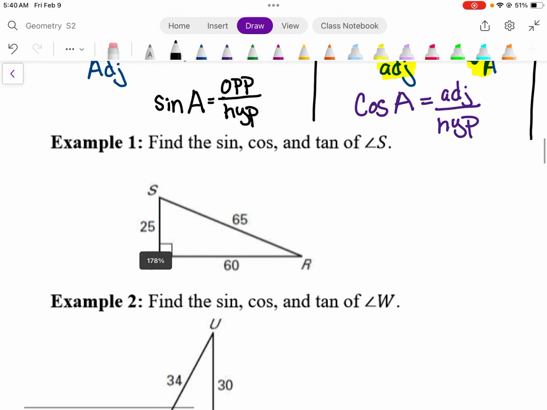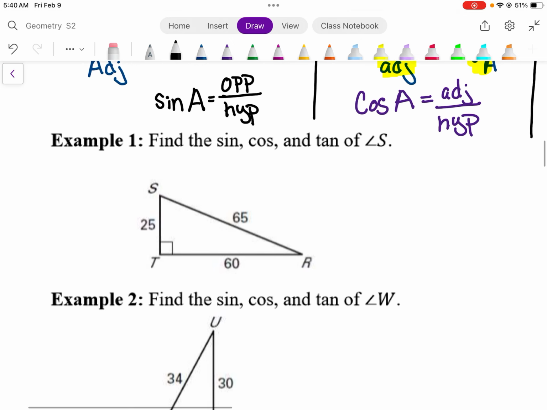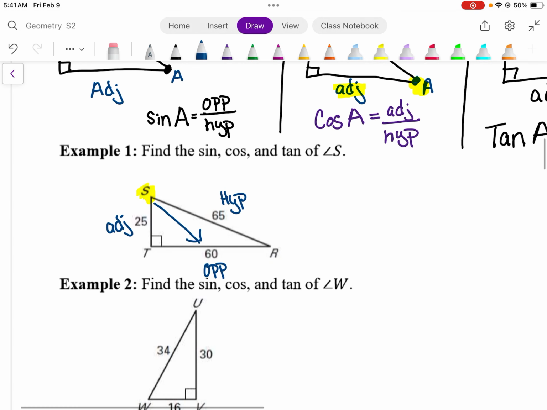For example 1, they want us to find the sine, cosine, and tangent of angle S. So first you want to find that angle and then use that to label the opposite and the adjacent side, and then also our hypotenuse. And we're still going to be using SOHCAHTOA.